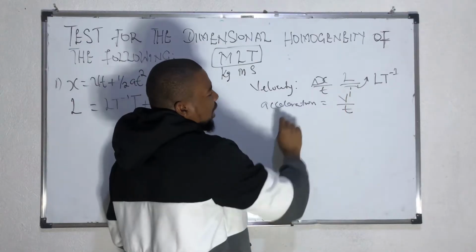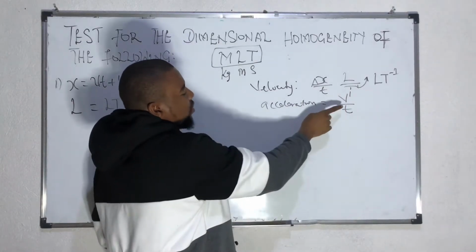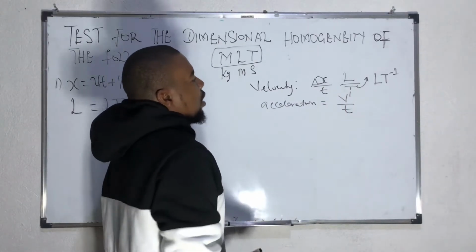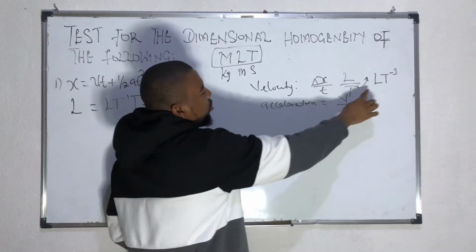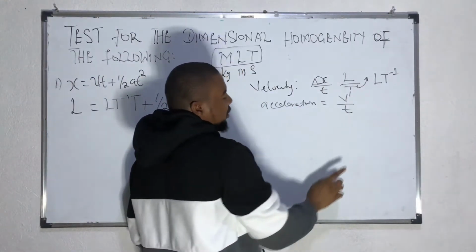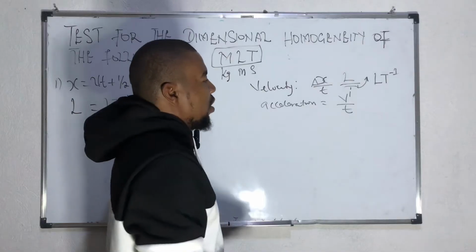How are we going to get the dimension for acceleration from this expression? Remember that our velocity is equal to L T to the power -1. That is the dimension for velocity.